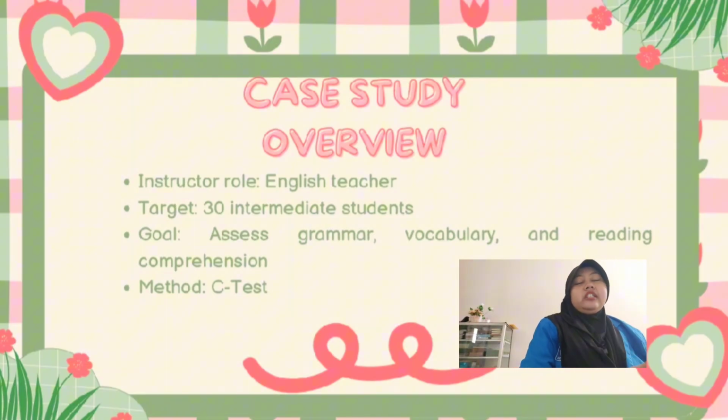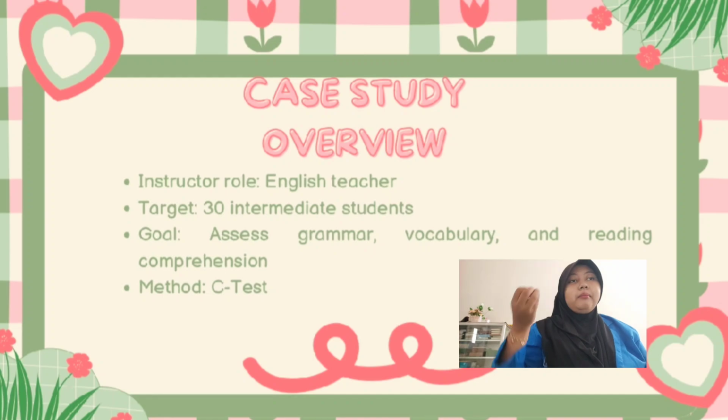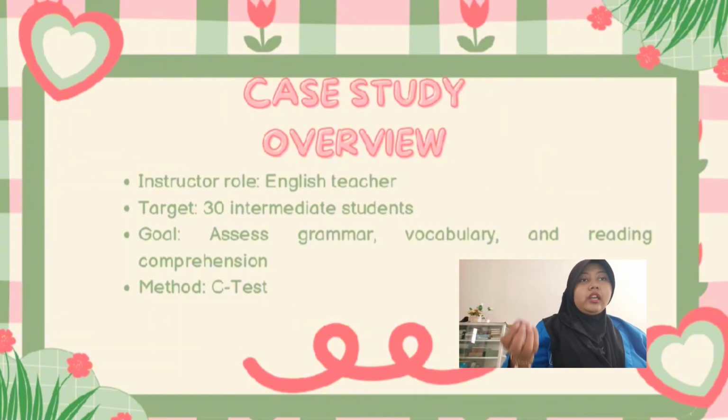The instructor acted as an English teacher conducting the test. The participants were 30 intermediate level students, meaning they already had some knowledge of English. The main goal of the test was to measure the students' grammar accuracy, vocabulary range, and reading comprehension ability.